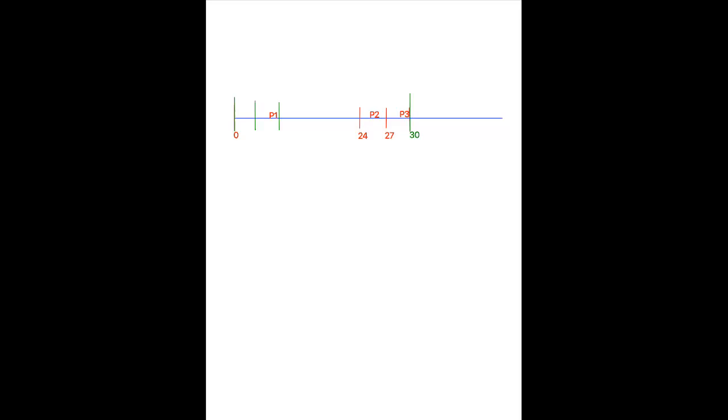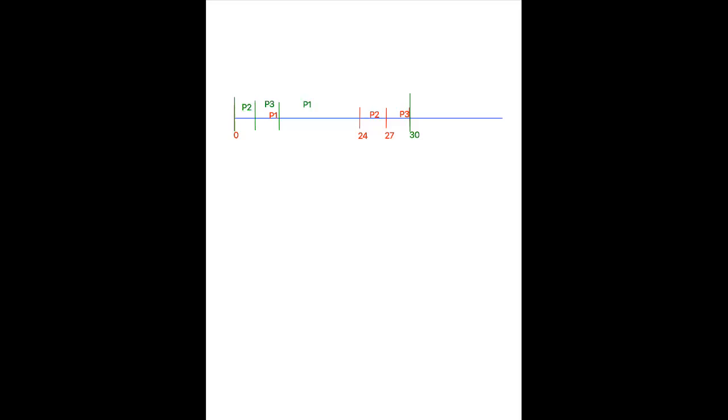First of all, P2 is selected because this is a short process. Then P3 is selected. This is also short. And then P1.